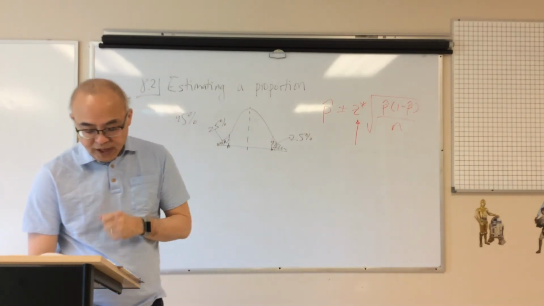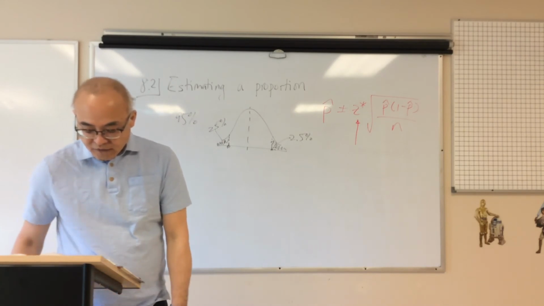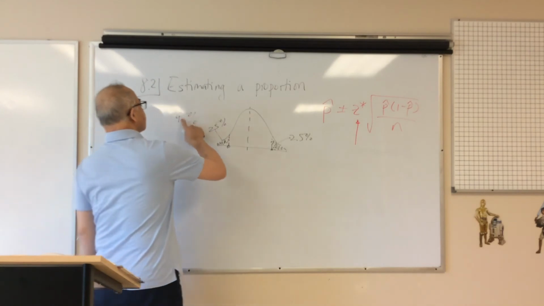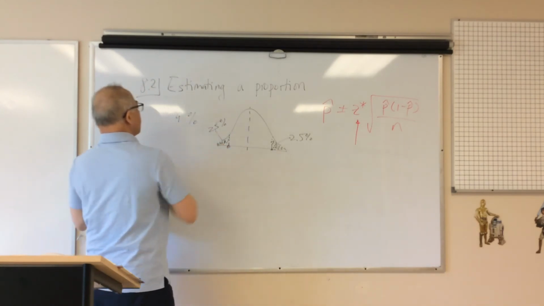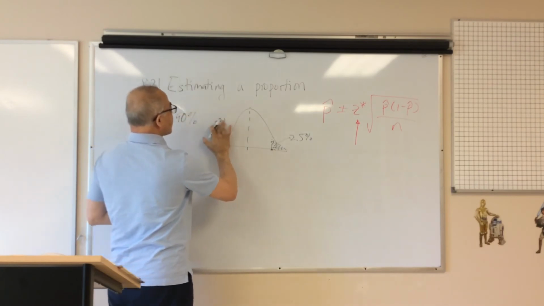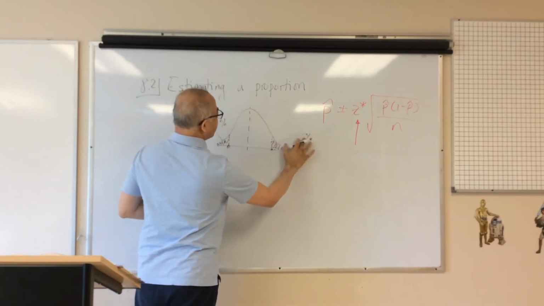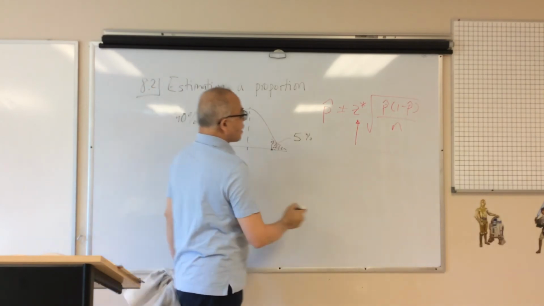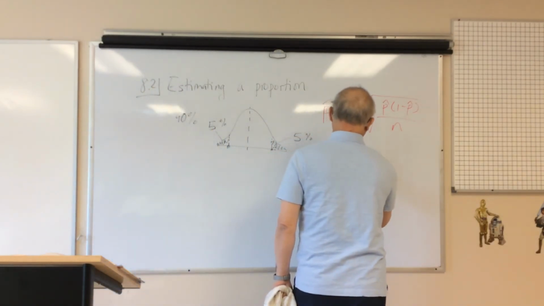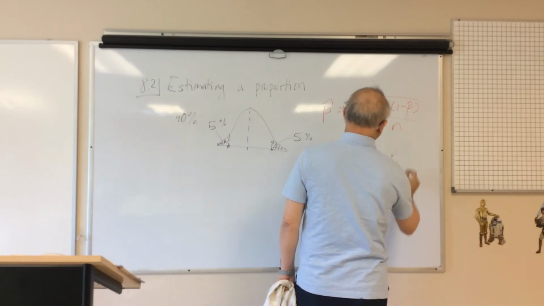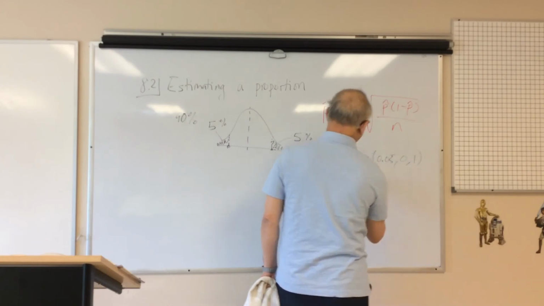A, determine the critical value, z star, for a 90% confidence interval. So we're doing 90%, which means that both sides have to be what? To get 90 in the middle, both sides have to be 5%, right? So to find the z star, I can go inverse norm, 0.05, 0, and 1.